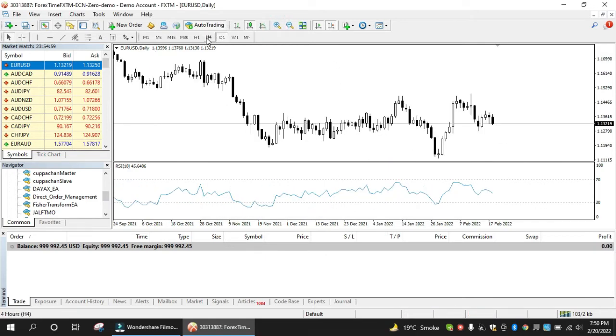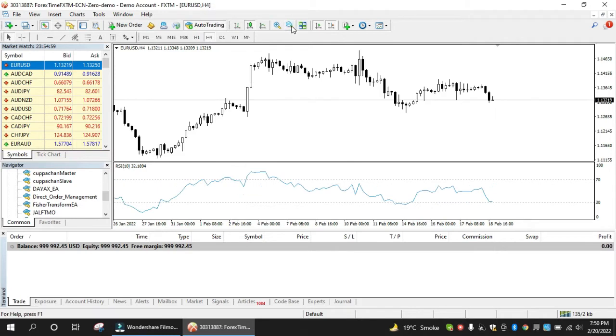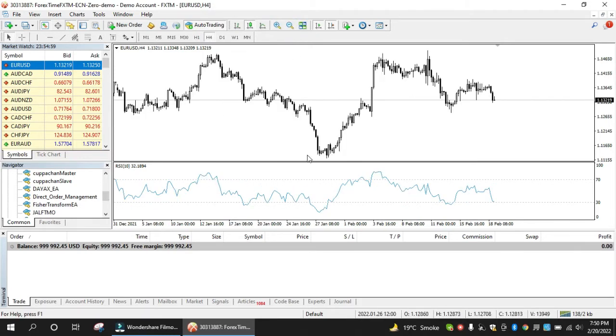So this is the 4-hour chart. Let's say that the strategy is whenever the value of the RSI goes below 30, we are supposed to open the buy trade, and whenever the value of the RSI goes above 70, we are supposed to open the sell trade, right? So that's a strategy.